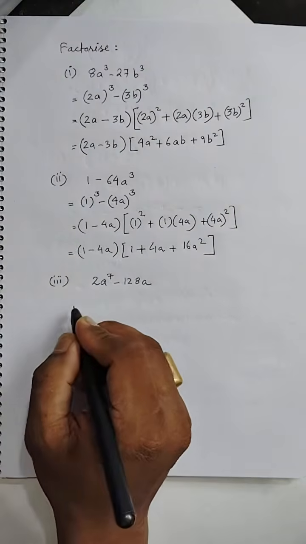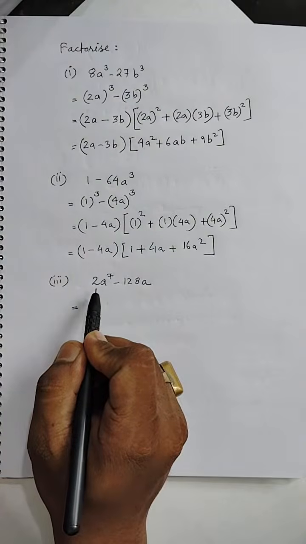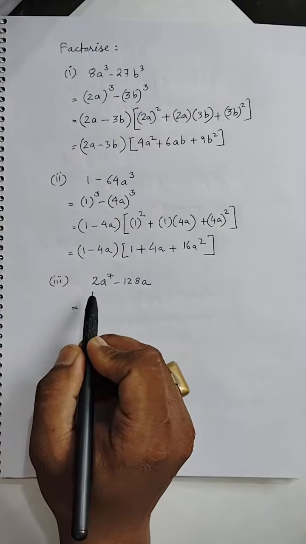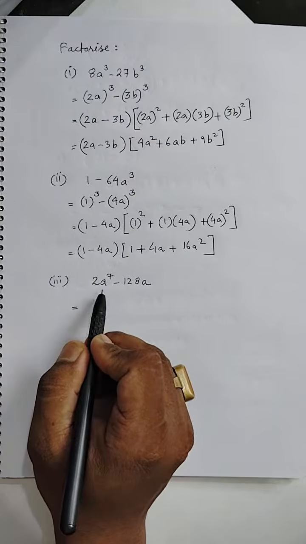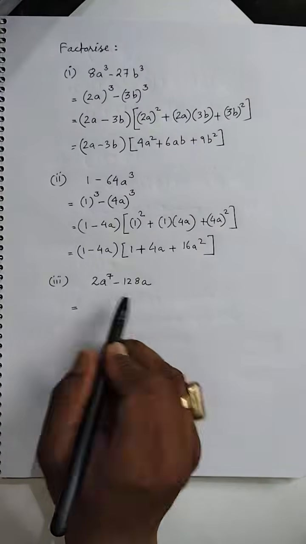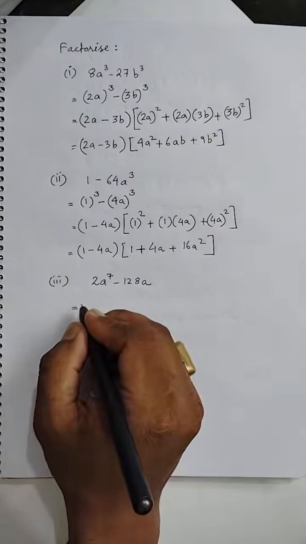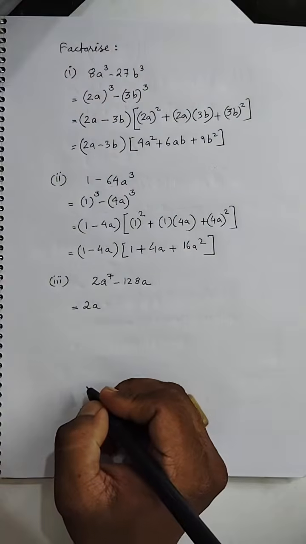But what we can do, we can take out common factors. Okay, so 2 is a common factor in both the terms, is it? And then we have a to the power 7 and we have a. So what we can do, we can take out 2a as a common factor.